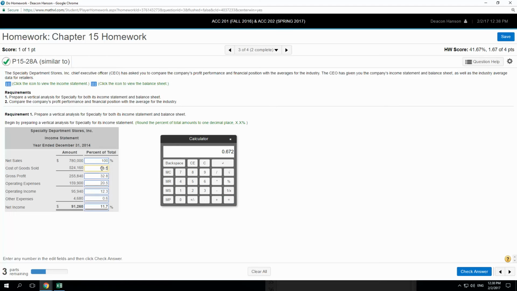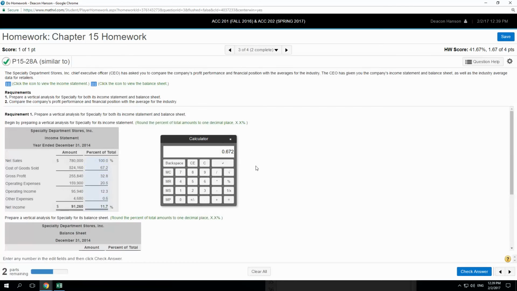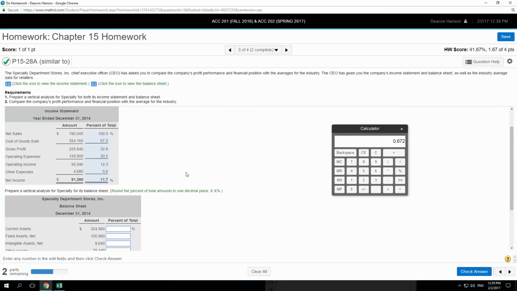So that might be where we made the mistake. 67.2. And that should also make sense because 100 minus 67.2, see if that works out. Yeah, that would add up to 100, 67.2 and 32.8. So we should have been able to catch that if we had been looking along the way. So that's your vertical analysis on the income statement, everything divided by net sales.